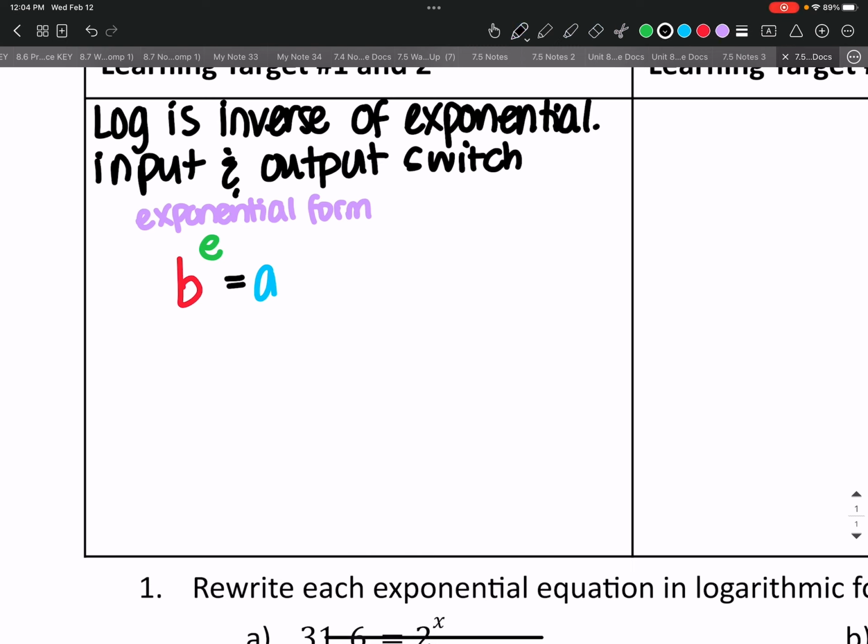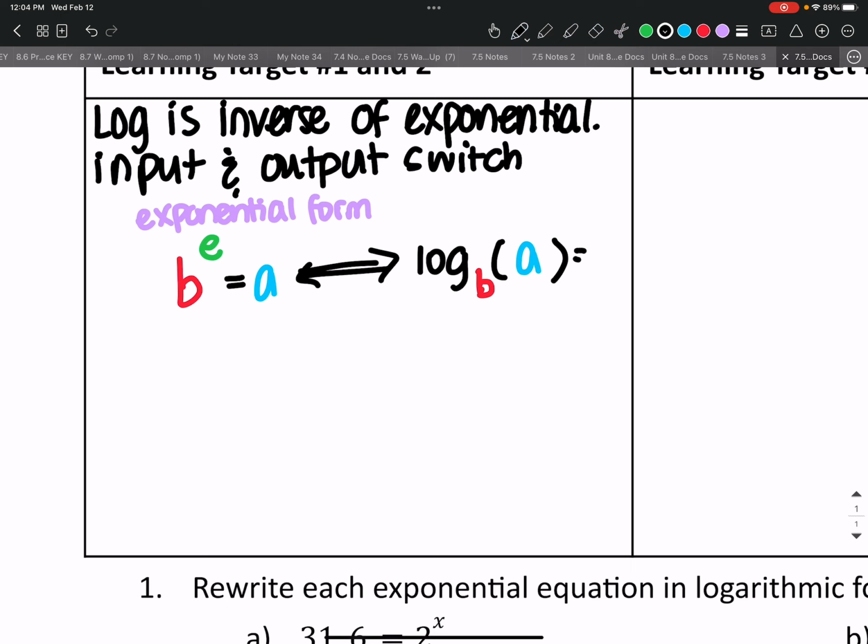And if I wanted to convert that to logarithmic form, I would write log, short for logarithm. I would write a subscript, and the subscript would be, in this case, b. It would be the base. What's inside of the logarithm would be the answer, usually the biggest number.